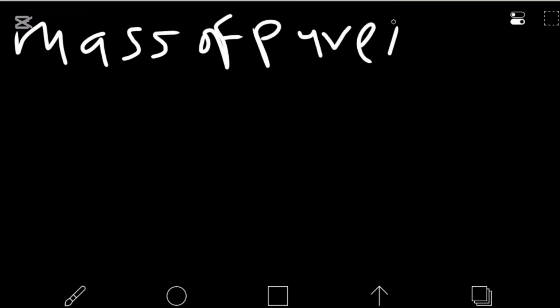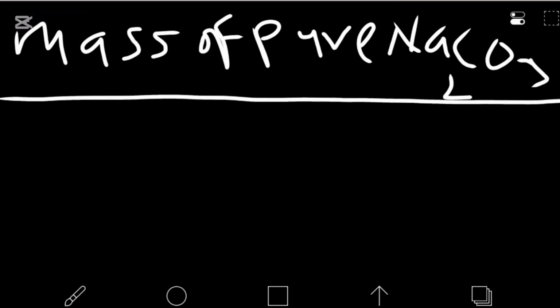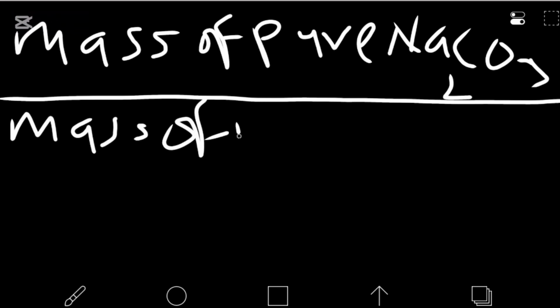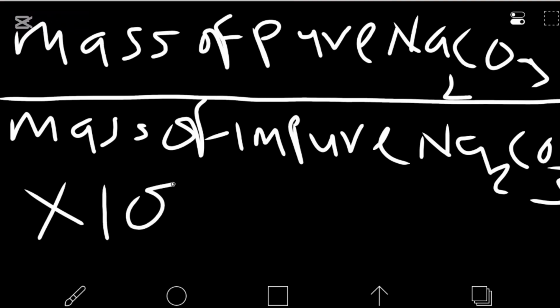To calculate percentage purity, we will have mass of pure sodium carbonate divided by mass of impure sodium carbonate times 100.